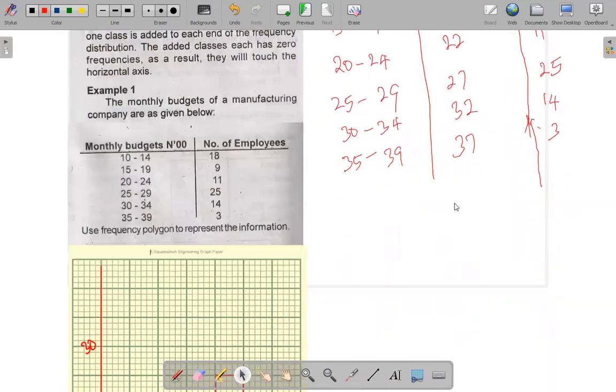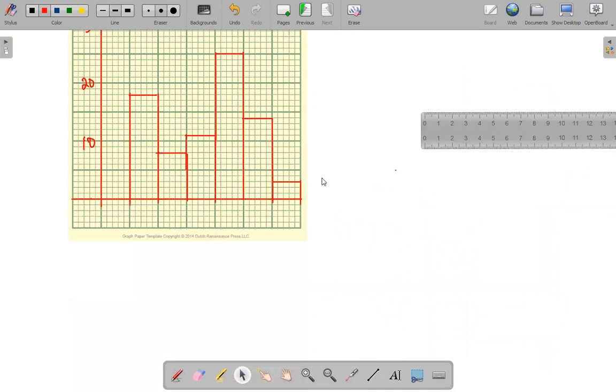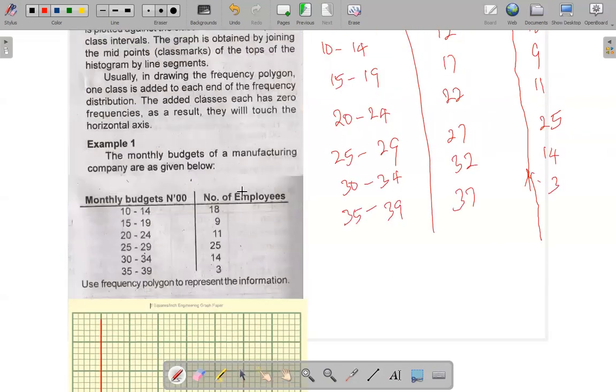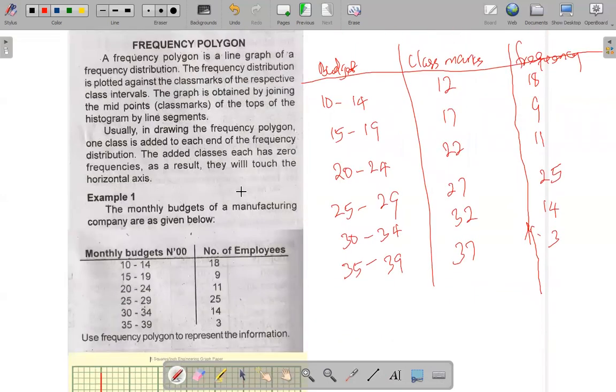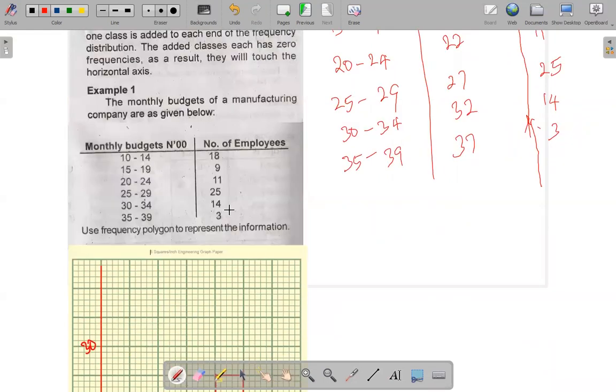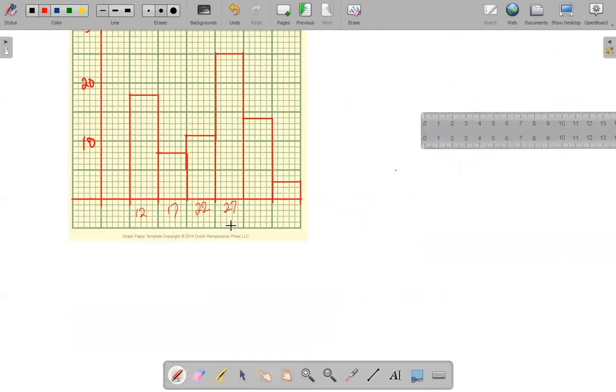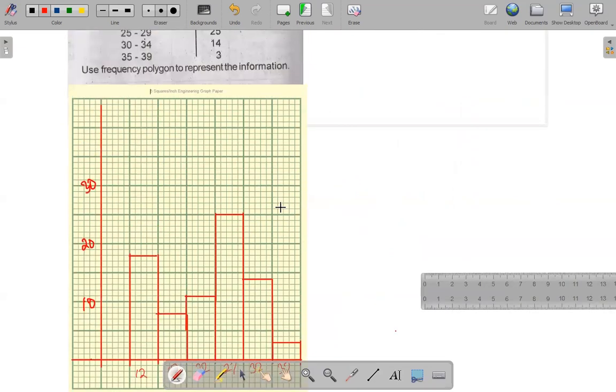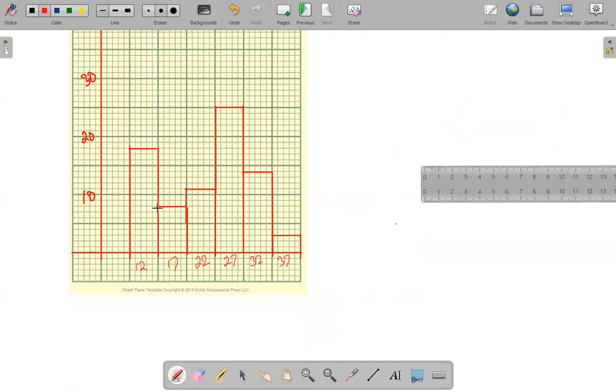The first one is 12, the next one is 17, then 22, 27, 32, and 37. So we're going to join the top of this histogram with line segments.